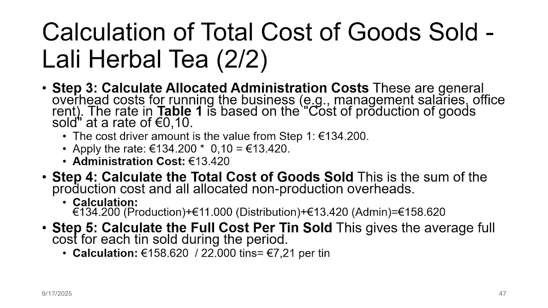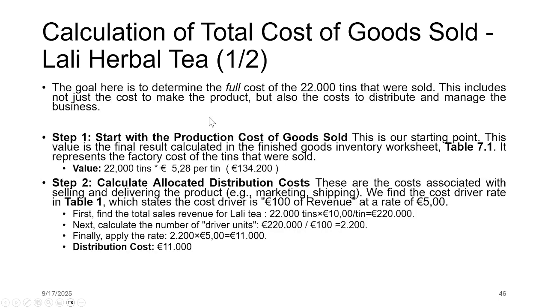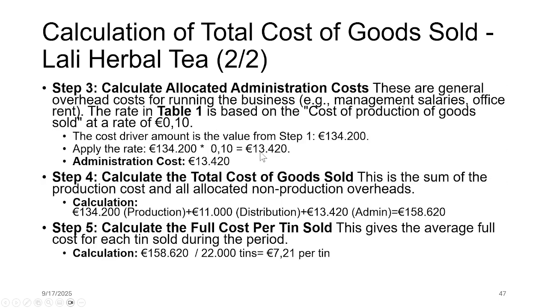So step 3, we calculate the allocated administration cost. These are the general overhead costs for running the business, right? For example, the management salaries, the officer, and so on. We use the rate in table 1, which is based on the cost of production of goods, at a rate of 10 cents per dollar.